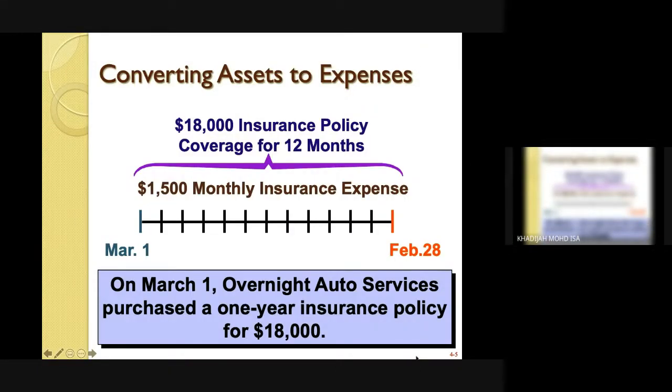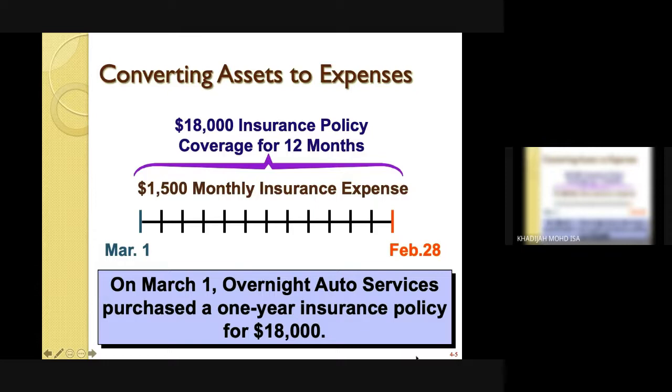You have an $18,000 insurance policy covering 12 months. Remember that with insurance, normally you pay one amount for several periods, so it involves more than one accounting period. 18,000 for 12 months is 1,500 per month.